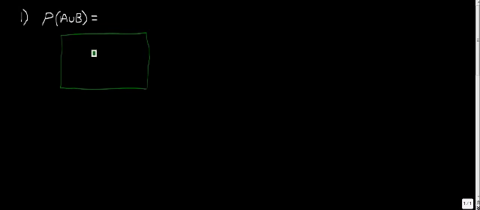We've got two independent events, A and B. What this means is the occurrence of one does not affect the probability of the occurrence of the other. This doesn't necessarily mean they can't overlap.